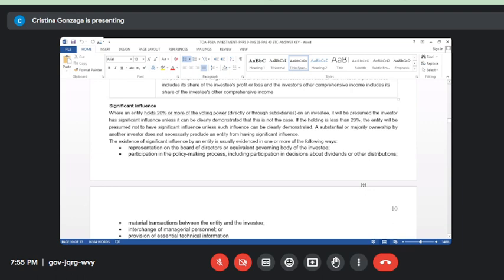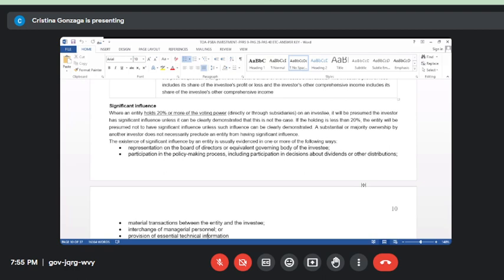Sabi natin, there is a quantitative measure of significant influence. So, whenever the investor holds 20% or more of the voting power, pag sinabing voting power, ordinary shares lang yon, ha? Okay. Of an investee, it will be presumed the investor has significant influence unless it can be clearly demonstrated that this is not the case.